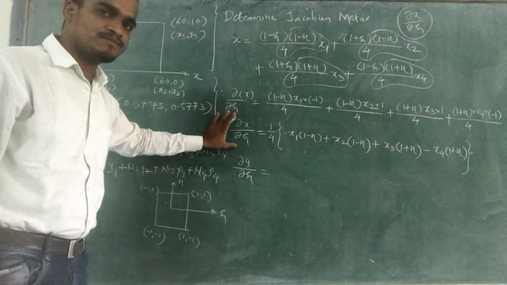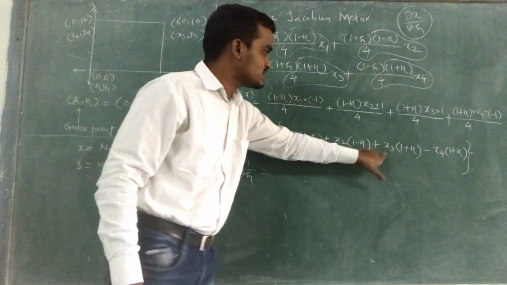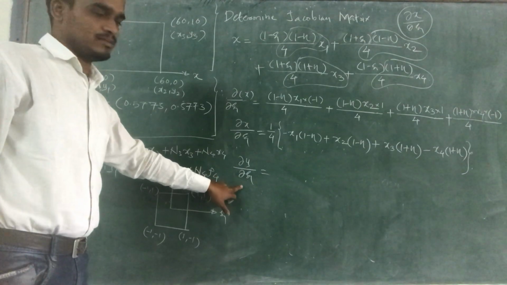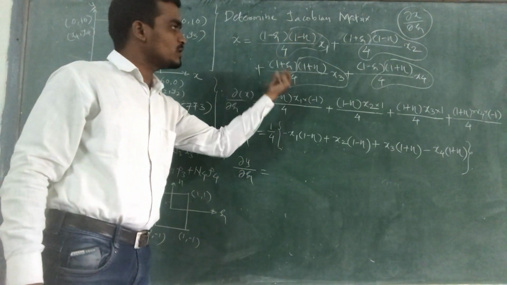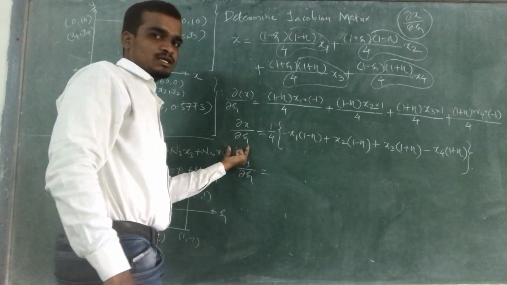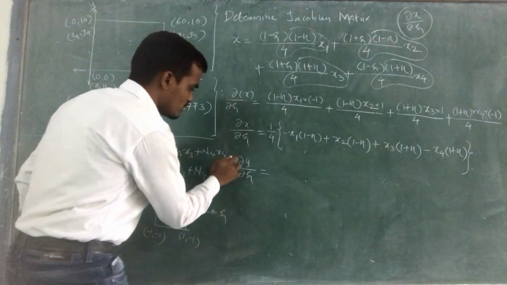So the simple step is to replace only x1, x2, x3 and x4. You will get ∂y/∂ζ, because we are going to take ∂/∂ζ of N1, N2, N3 and N4, which we have actually determined in ∂x/∂ζ. So only replace x1, x2, x3, x4 and you will get ∂y/∂ζ.